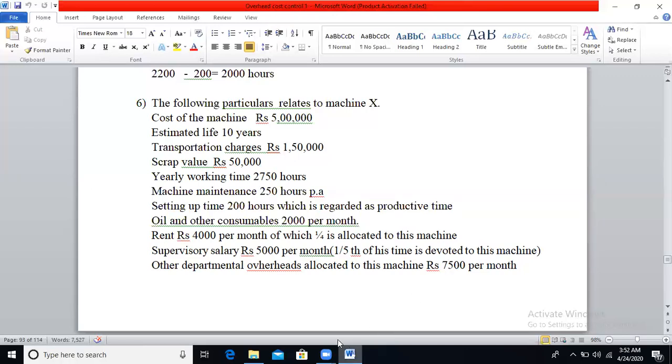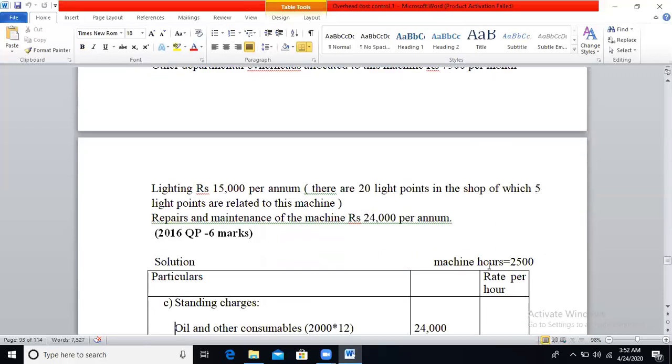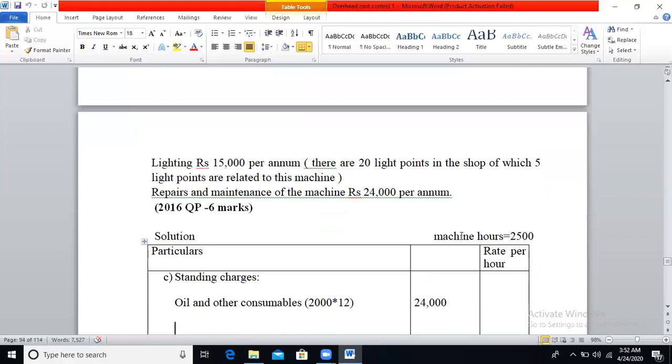So other departmental overheads allocated to the machine. Other departmental overheads will not vary with the use of machine. It is a standing charge. Here they have given 7500 per month. You have to calculate for year, 7500 into 12. So lighting, rupees 15,000 per annum. So 15,000 is the yearly figure they have given.